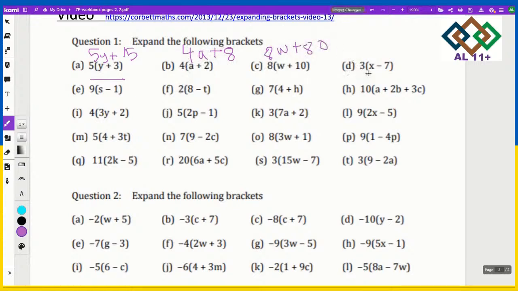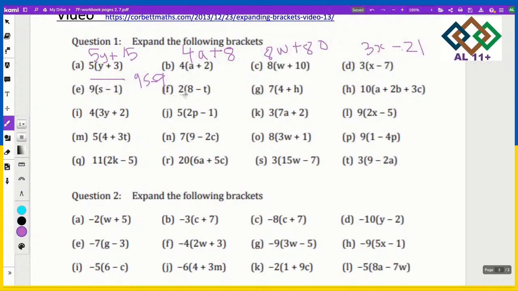Now is D. 3 multiplied by X is 3X minus 3 multiplied by 7 is 21. Remember the signs in this and don't get confused. So 9 multiplied by S is 9S minus 9 multiplied by 1 is 9.